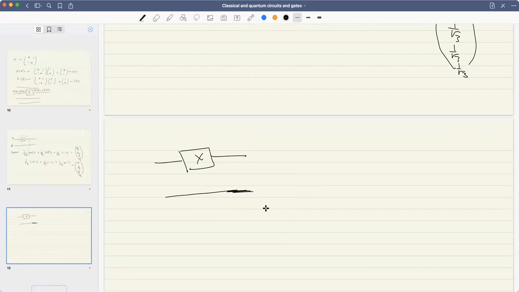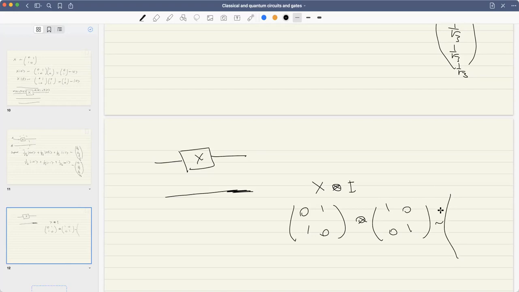So the action on the tensor product of these bits is going to be X tensor identity. If I want to draw this, I have my X, which is 1, 1 on the off diagonal. I tensor it with an identity, 1, 1 on the diagonal. So this gives me 0, 0, 0, 0, 1, 0, 0, 1. So I put an identity here. Here I have a 1, I put an identity. Here I put 0, 0, 0, 0.